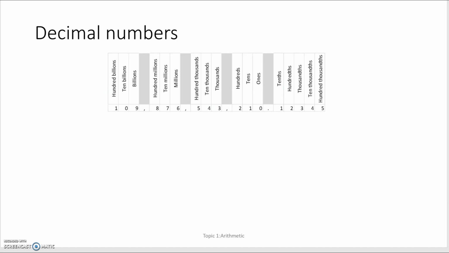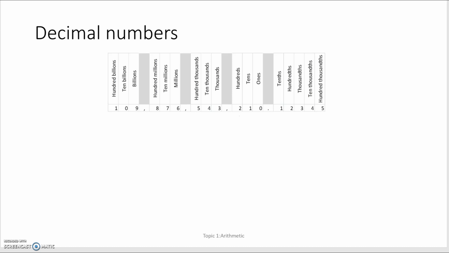Now have a look at this number here, 109,876,543,210.12345, and let's look at the names for the places for everyone that starts with a 2.